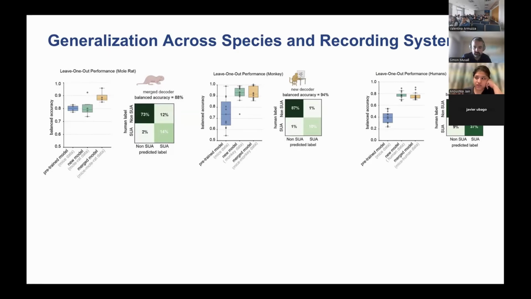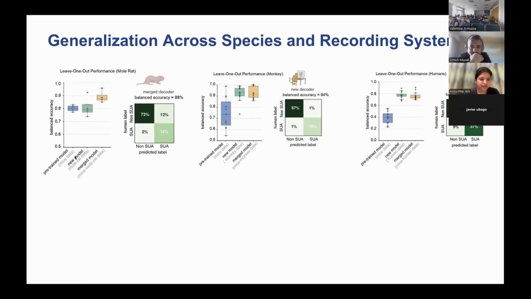And one thing that we wanted to see is whether this performs well if you're not using Neuropixels, or if you're not in the mouse model. We're doing some experiments on mole rats, monkeys, and humans. So does this approach generalize there as well? For mole rat, we saw that if you use a pre-trained mice model, it performs well.